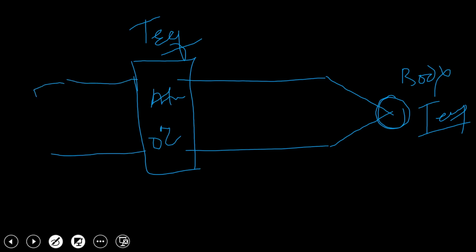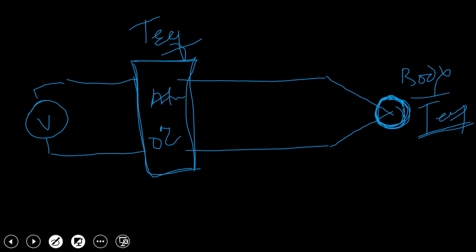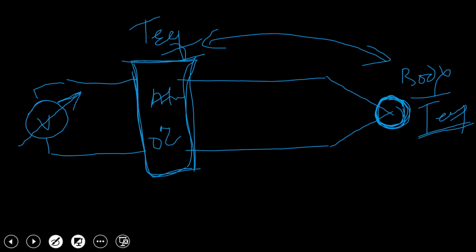Now because of that, this reference junction will be at some different temperature and this measuring junction will be at some different temperature, because this is in contact with the body whose temperature is to be measured, and this reference junction is held at some reference temperature, and because of the difference in those two temperatures there will be generation of potential difference, or a development of voltage across this whole circuit.